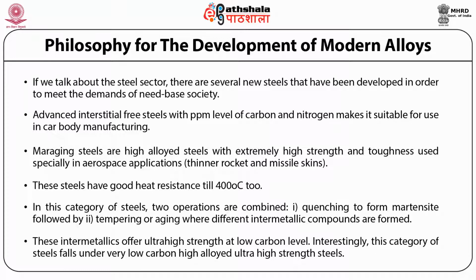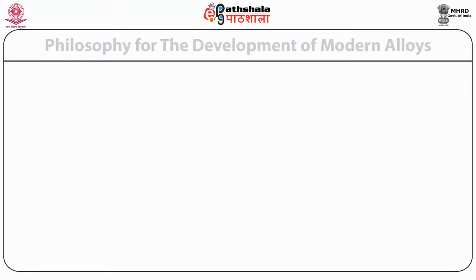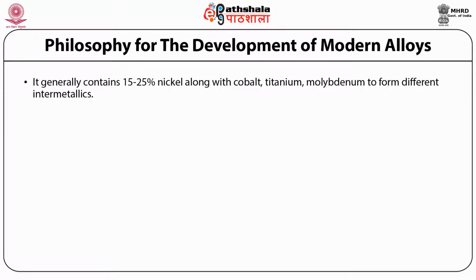Interestingly, this category of steels falls under very low carbon, high alloyed, ultra high strength steels. It generally contains 15 to 25% nickel along with cobalt, titanium, molybdenum to form different intermetallics.